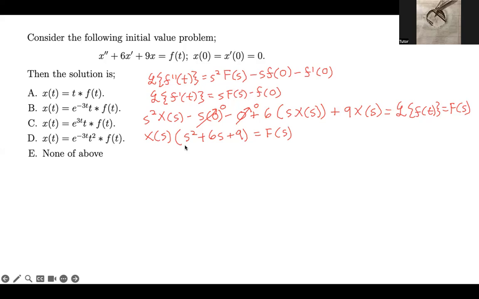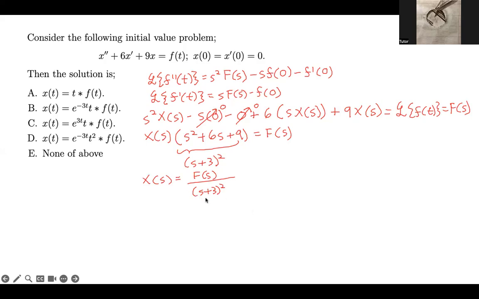And dividing both sides by this polynomial, which we can further express as s plus 3 squared, we get that X of s is equal to F of s over s plus 3 altogether squared.